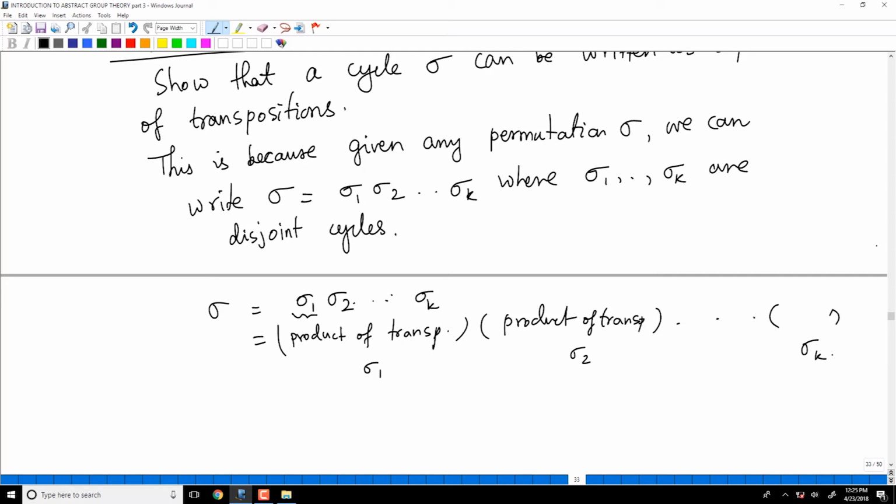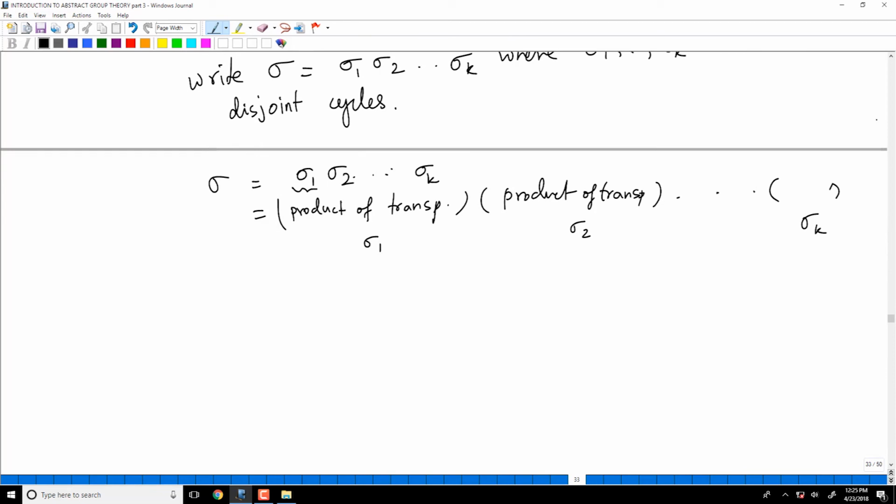Then we have written sigma, right? Remember, we are not claiming anything about disjointness. In fact, we cannot claim that there can't be a decomposition into a product of disjoint transpositions. So we don't care if repeated things happen. Sigma 1 can be written as a product of transpositions, so can sigma 2, and so can sigma k. So sigma can also be written as a product of transpositions.